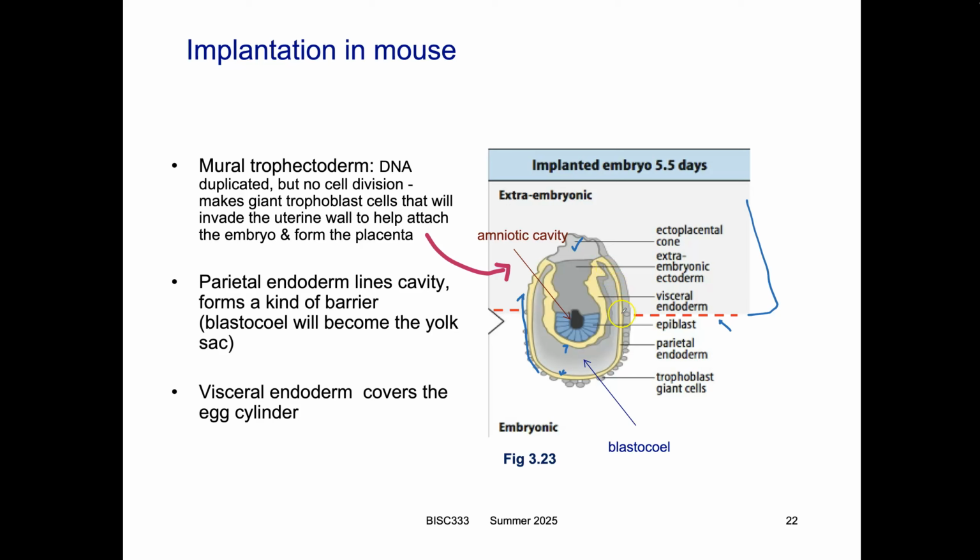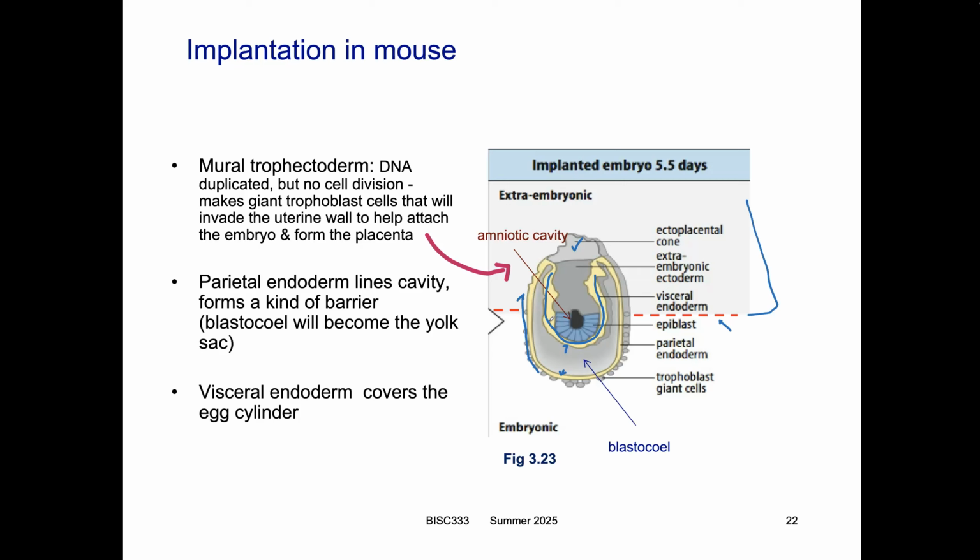And then this visceral endoderm right here is on the outside. So notice the color coding, because this is the epiblast, and this is going to form most of the embryo, and ectoderm and mesoderm.